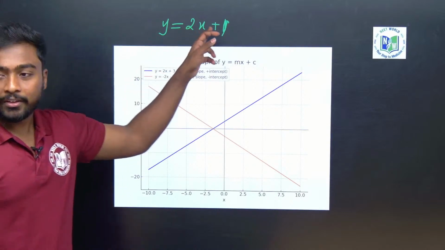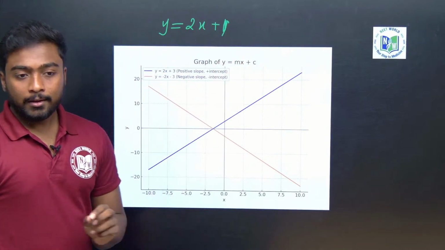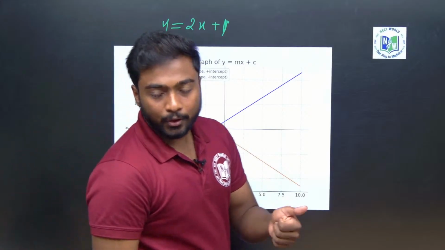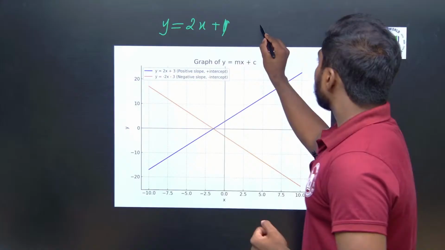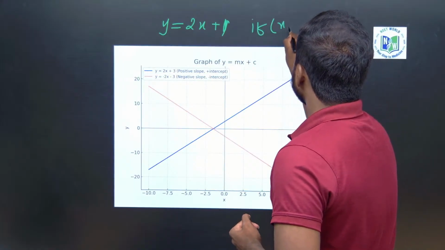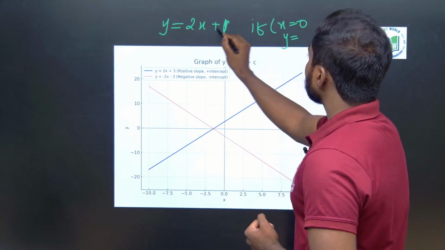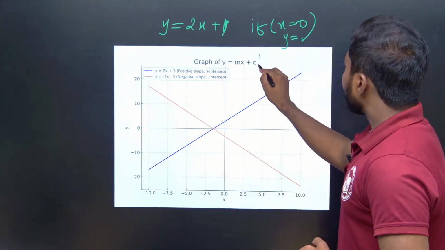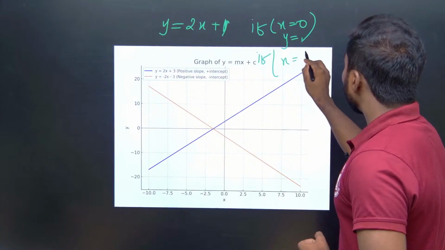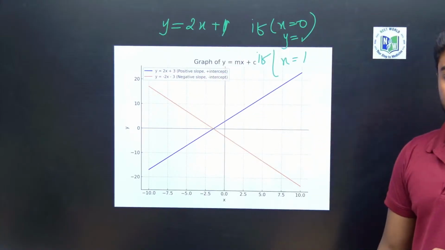If I want to draw the graph for this, the simple thing is to take x equals 0 first, y equals 1. If x equals 0, y will be 1. Yes or no? Next point, if x equals 1, what will be the y value?